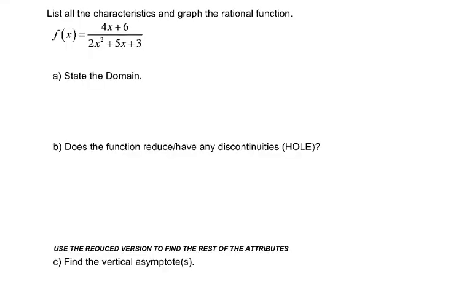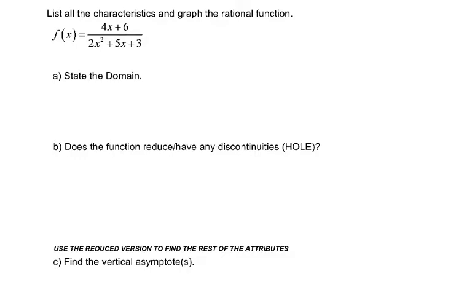So we have another example here: rational function f of x equals (4x plus 6) divided by (2x squared plus 5x plus 3). I'm going to encourage you right now to pause the video and find all of the attributes like we did on that last example. See if you can do it on your own, and then I'm going to run through the solutions.